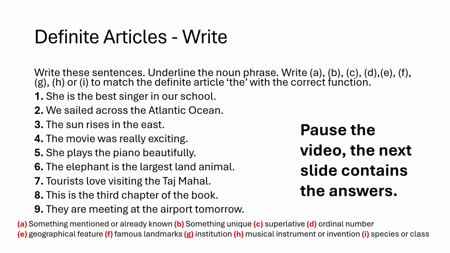Write these sentences. Underline the noun phrase. Write A, something mentioned or already known. B, something unique. C, superlative. D, ordinal number. E, geographical feature.